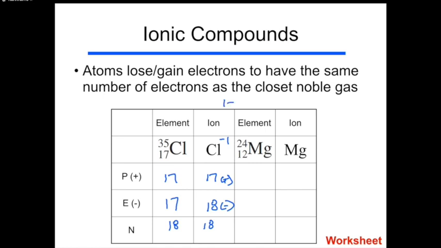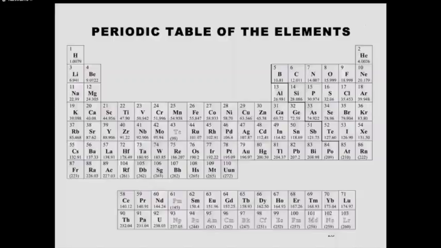That is fine too. The element magnesium, when it's in the elemental form before it's reacted, has 12 protons, has 12 electrons, has 12 neutrons. When it reacts, protons do not change, neutrons do not change, but the electrons will change. If I take a look at magnesium, magnesium has 12.